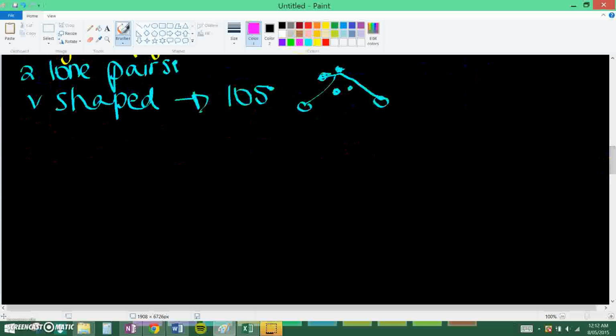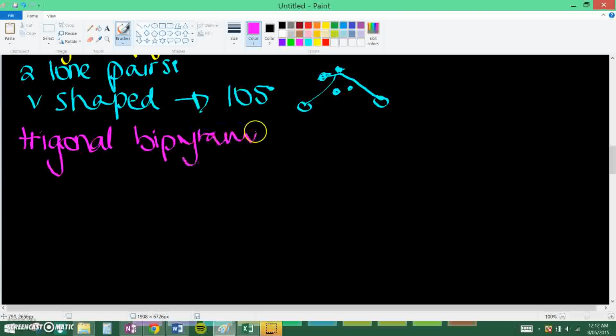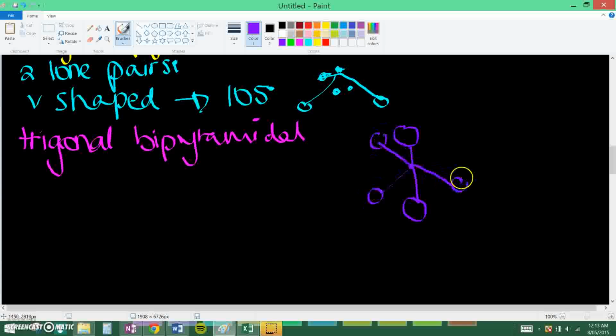Now, if we move up one, there's trigonal bipyramidal. And this is when it kind of starts to get complicated. So basically there are two atoms like this, and then through the middle they spark out into three, if you can tell.